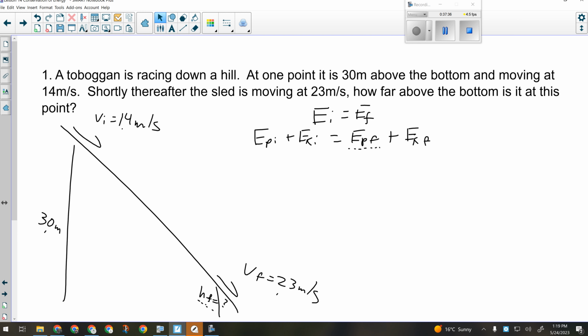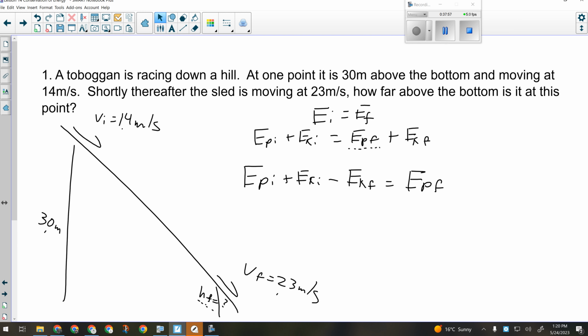So I want to isolate that term by subtracting the kinetic final over to the other side. I have initial potential plus initial kinetic minus final kinetic equals final potential.